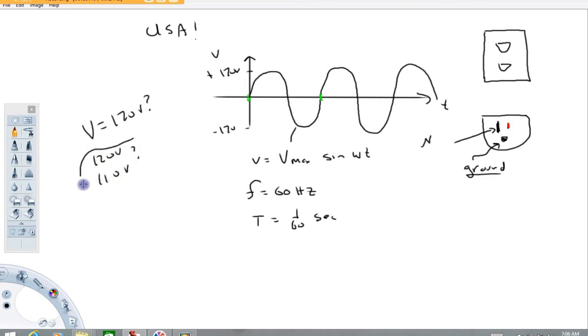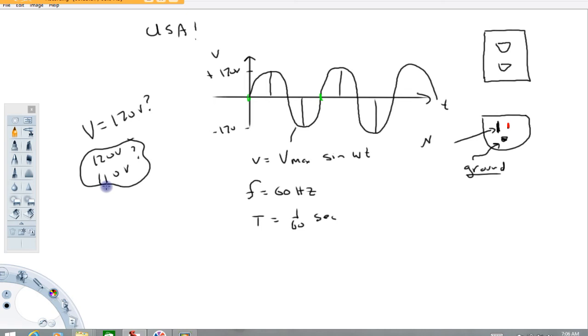So what's up with that? Well, I'm going to save that for my next video in this series, but for now I'll just say this. The 170 is the peak on the curve, how high this gets, here, here, here, and so forth. And 120 volts is the average. Now it's what's called an RMS value, and because I'm at 11 minutes here, I'll save that for another video.